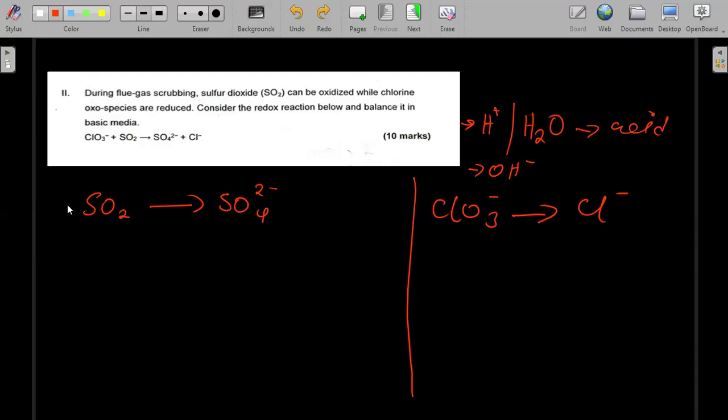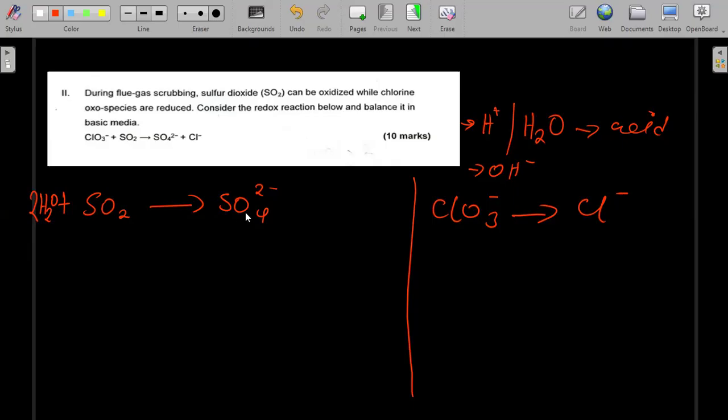To balance those two oxygen atoms, we are going to add water molecules the other side. So we will add H2O. How many H2O are we going to add? Remember, a water molecule has one oxygen, but we need two more oxygen. So we are going to add two water molecules there. If you add two water molecules, you are going to have two oxygen this side, also two oxygen the other side. So oxygen is balanced.